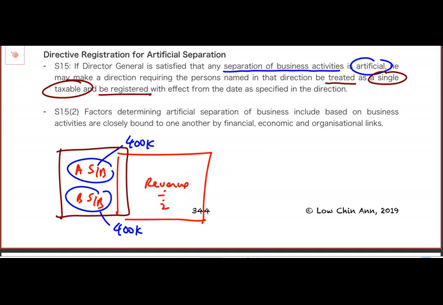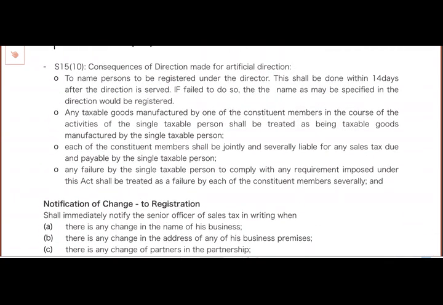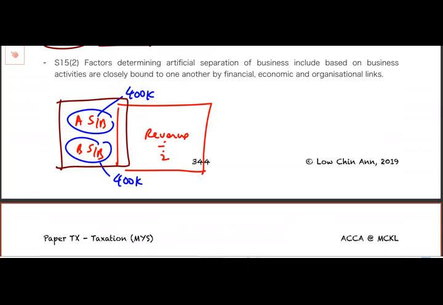Now what will happen when an artificial separation is spotted and the Director General serves you a direction? Now, these are the consequences. Usually you have to provide a name, like which name you want to register. You see, like for example here, A and B. It's 2 different companies. So if you want to register your sales tax, is it A or is it B?